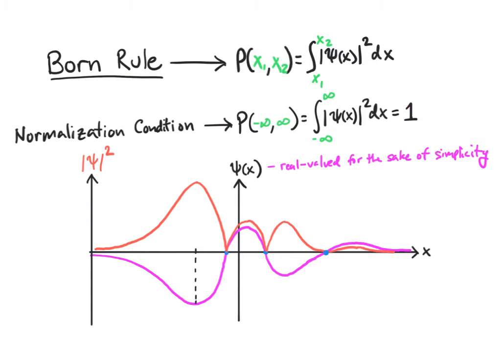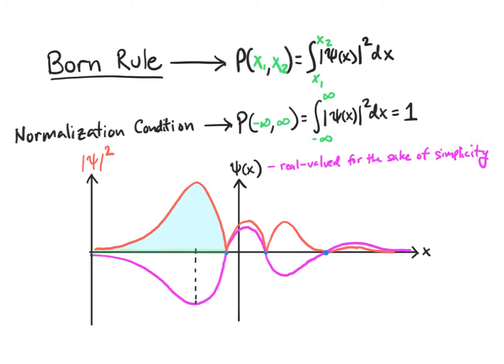So you can have a wave function with a very high value over a very small region, such that the integral, the area under that large value over a small range, is equal to 1. Based on the way that I drew this probability density, it's clear that the particle is much more likely to be found in this region over here, or rather I should say along this interval over here, because the area under the curve of the integral is very large over here.